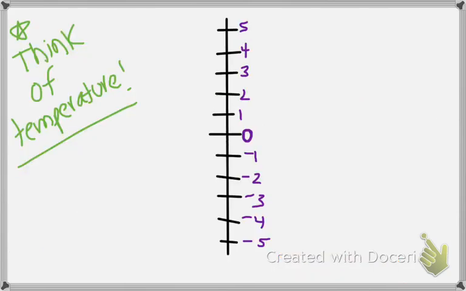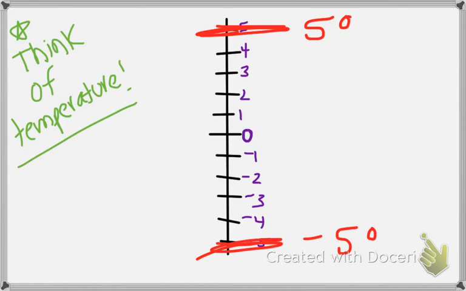Now, as far as positive and negative integers go, you're probably wondering, well, what's bigger and what's smaller? You have to think of temperature. Say this is a thermometer. Say we are somewhere that is cold, right? And on Monday, it's 5 degrees. And then say on Thursday, it's negative 5 degrees.